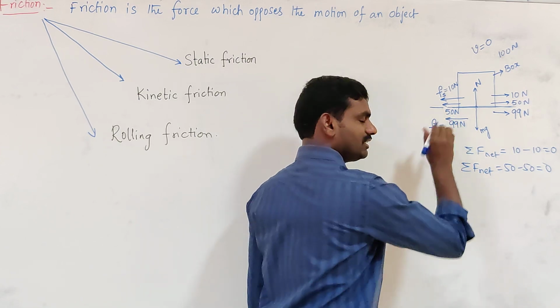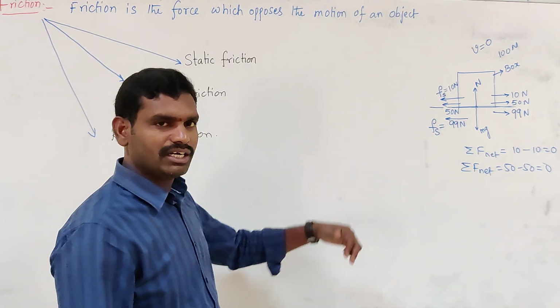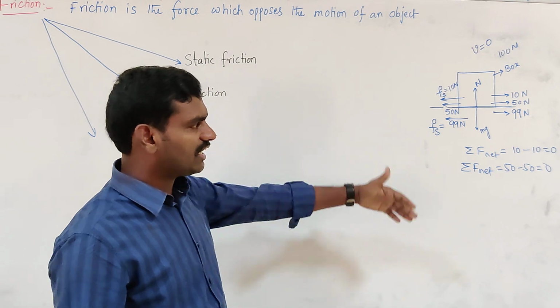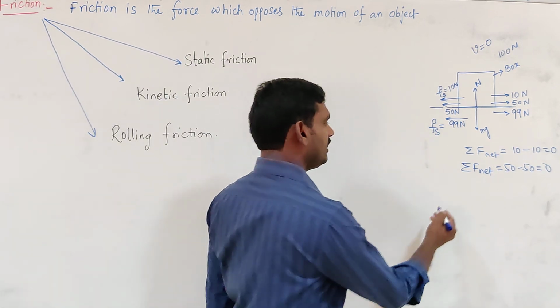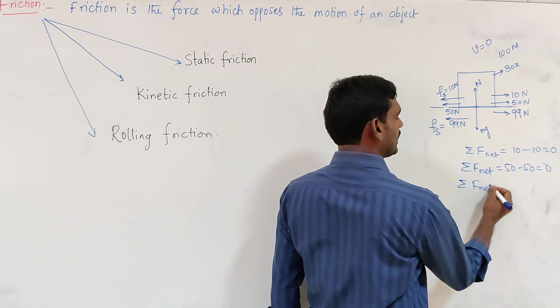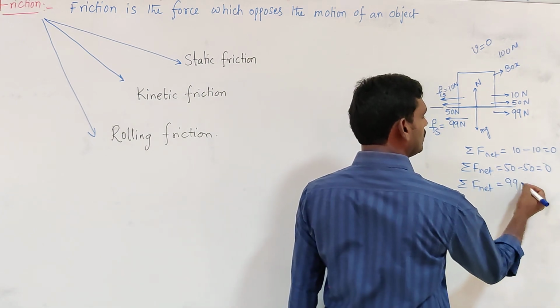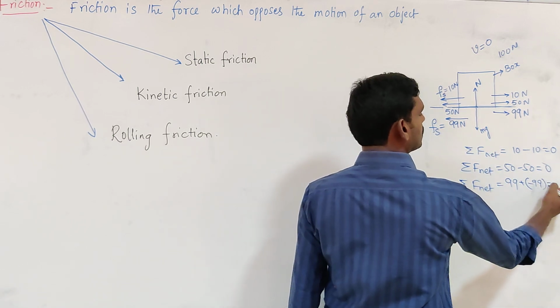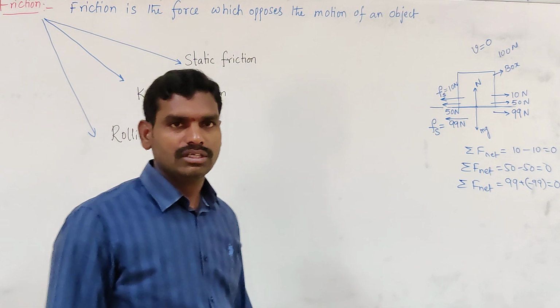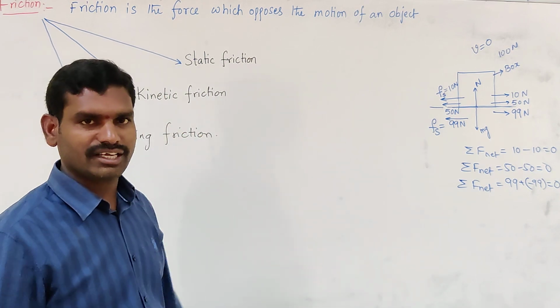What type of friction is this? Static friction, because the body is at rest. The frictional force acting on a body when it is at rest is called static friction force. Again the net force is 0. The applied force is 99 newtons and the opposing force is 99 newtons, so the total is 0 and the particle is at rest again.